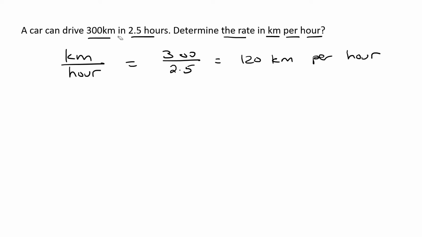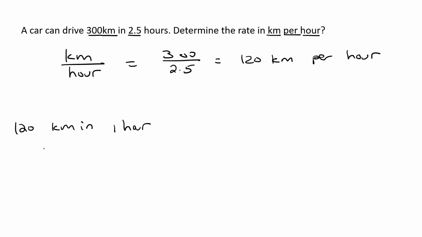You see? So this car can drive 300 kilometers in 2.5 hours. They want to know how far can it drive in 1 hour. So we're just going to work out the kilometer per hour, and we got 120. So that means that this car can drive 120 kilometers in 1 hour.